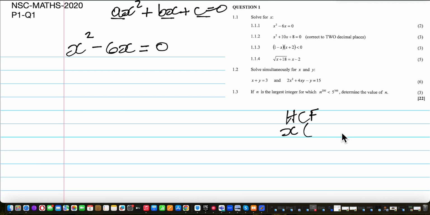So x is the highest common factor. Now, how do we take it out? How do we remove it? And how do we know what's left behind after factoring out the highest common factor? Whenever you are taking out the common factor, you are actually dividing by that common factor in all the terms you are factorizing from.